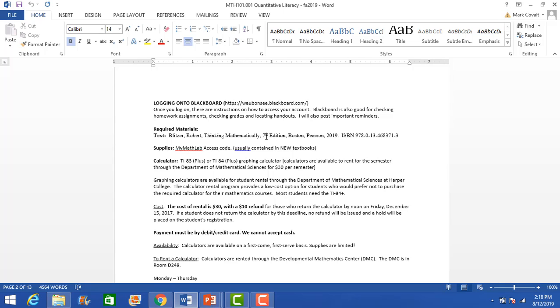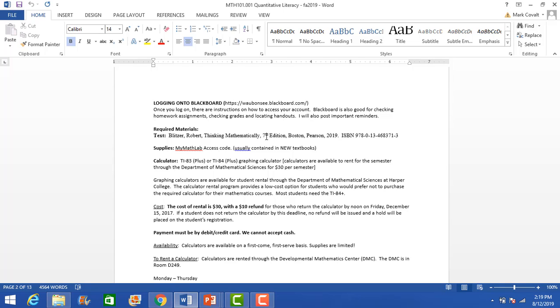If you buy the physical textbook, make sure that it comes with the My Math Lab access code. It does cost money to have the access code, so just make sure that you buy the access code either directly through Pearson or through the bookstore.